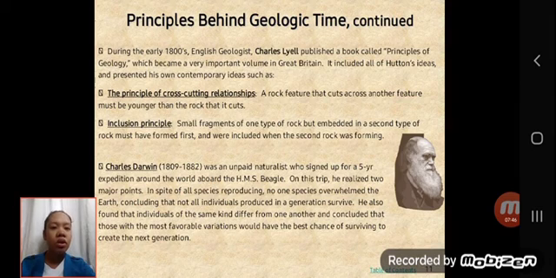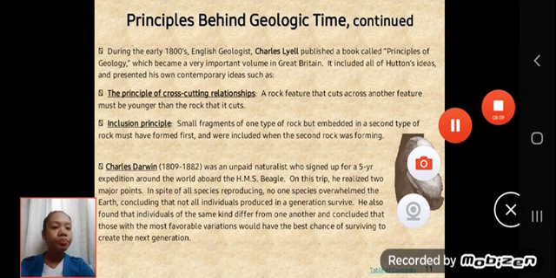The cross-cutting relationship says that a rock or feature that cuts across another feature must be younger than the rock that it cuts, while the inclusion principle says that small fragments of one type of rock embedded in a second type of rock must have formed first and were included when the second rock was forming.